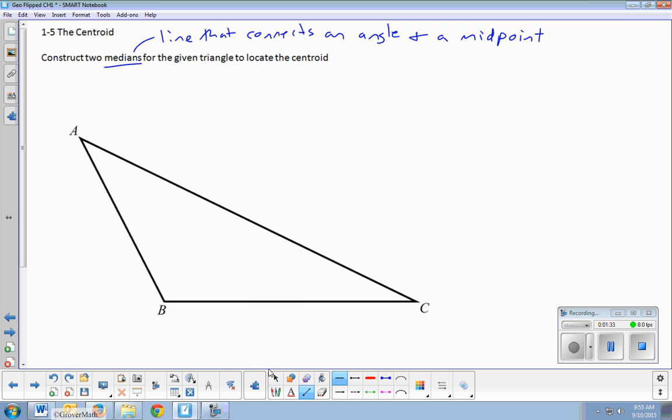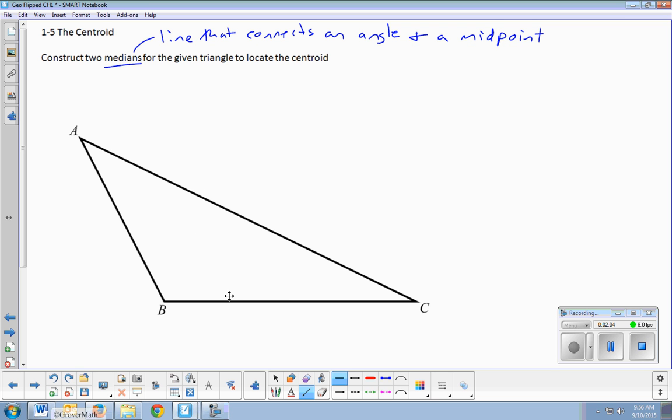So how do we do this with a compass? Well, we know where angle C is. What we don't know is where the midpoint of this side is. And all three of these sides have midpoints, and so you can connect them to the opposite angle. So there's actually three medians we could draw here: one from C, one from B, and one from A, each to the midpoint of the opposite side.